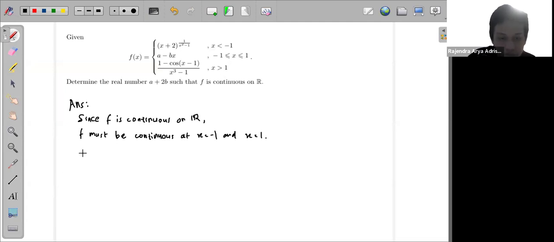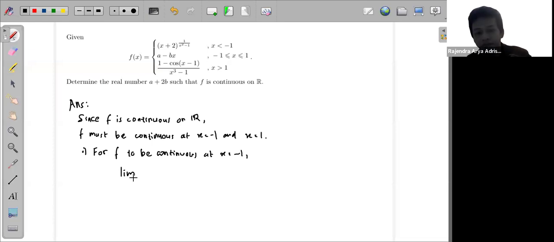So first, for the first case, for f to be continuous at x equals -1, remember, for a function to be continuous at a point, the limit at that point must exist, right?